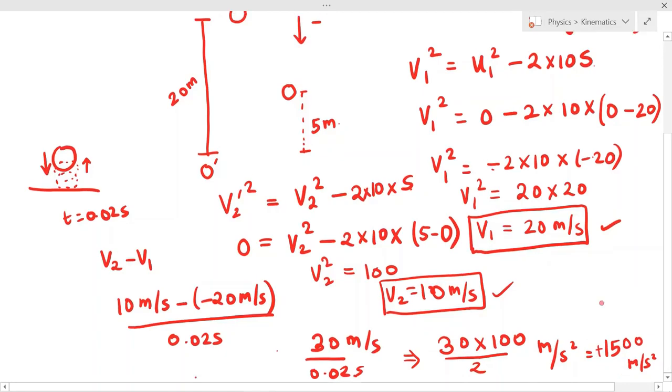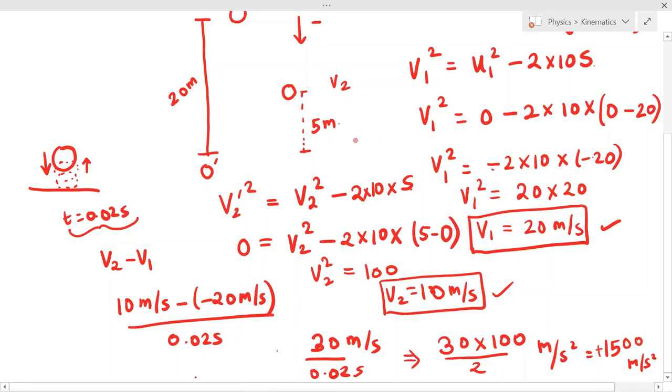Now one of the common mistakes that students make is they take v2 as the final velocity and 0 as the initial velocity, which is not correct, because the time span that we have been given is this 0.02 seconds.